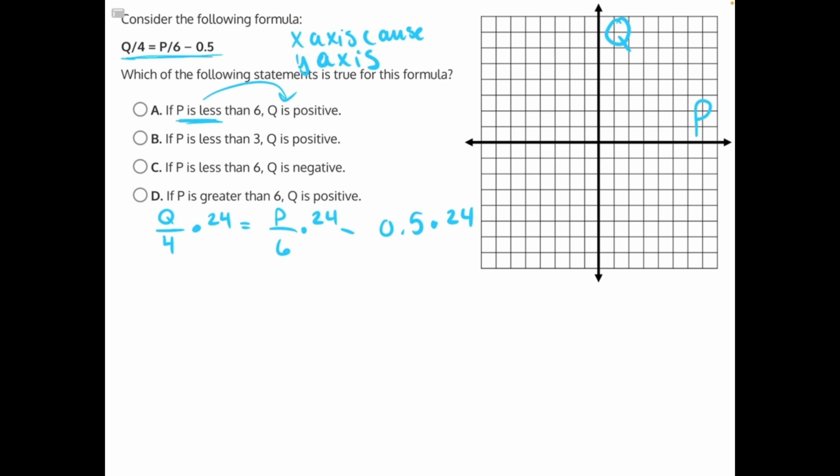Our first term, we're going to pull out the greatest common factor, which is 4, and that will leave us with 6 on top. So we will have 6 times Q is equal to, here again pulling out our greatest common factor, we're left with 4, so we'll have 4p minus 0.5 is the same thing as 1/2, so what's 1/2 of 24? That would be 12.